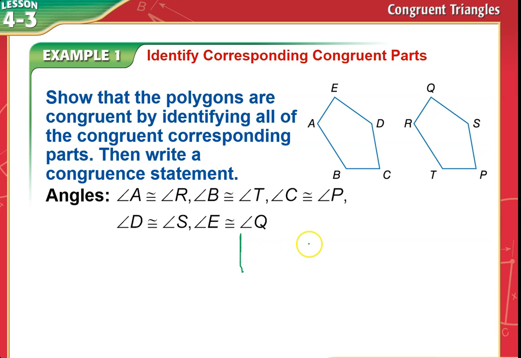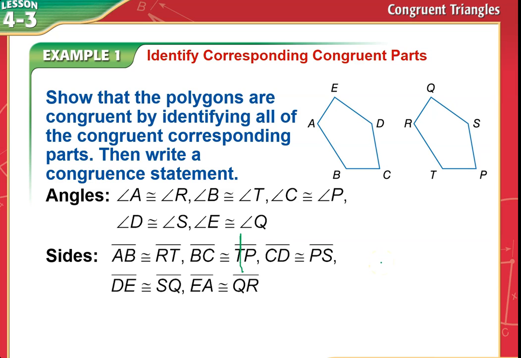If they're corresponding, and we know that these two are congruent, then we have all the sides. AB goes along with RT. If they're in the exact same orientation, then it's a lot easier. You can see AB and RT.